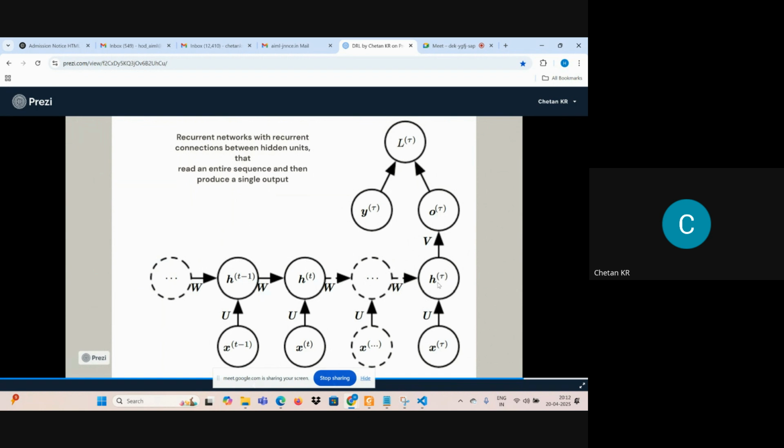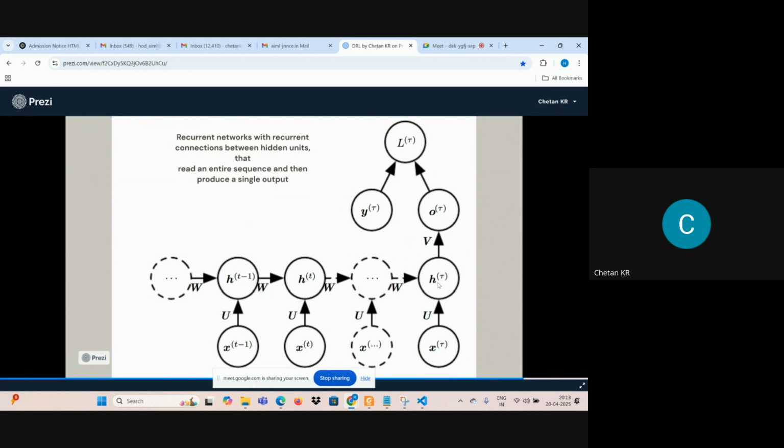For example, sentiment analysis. You have to read the entire paragraph and then finally find out whether it was positive, negative or neutral. So one input, one output only. Even though input is given at different stages, output is only one. Maybe the final sentiment, whatever it is, you may have to find out.